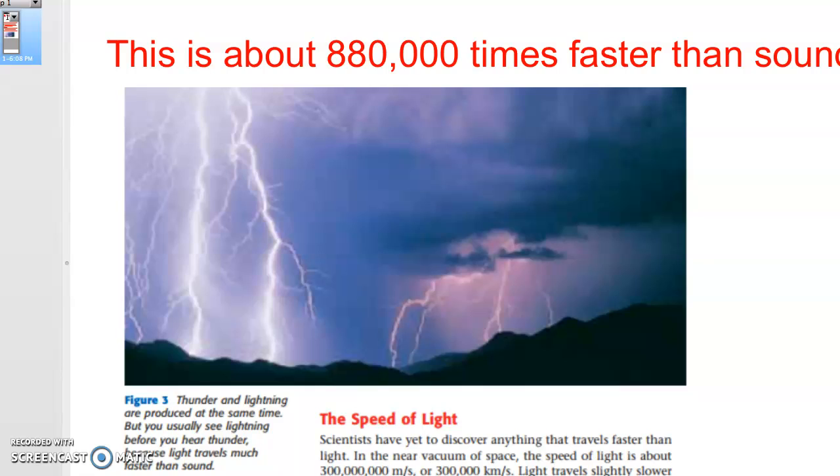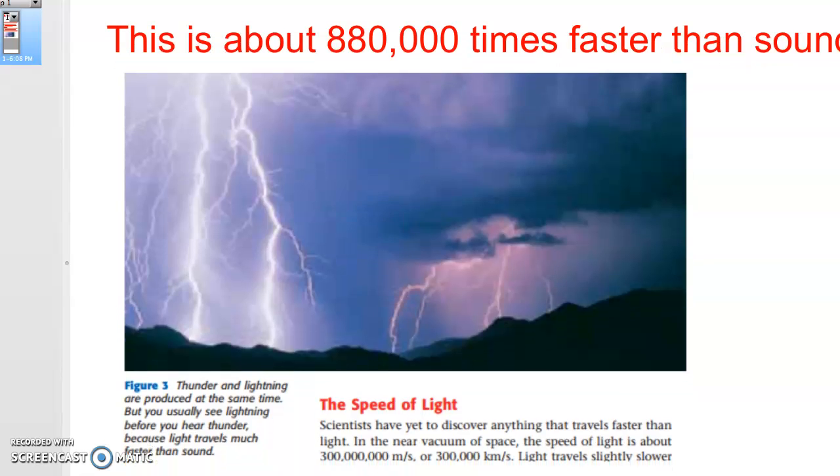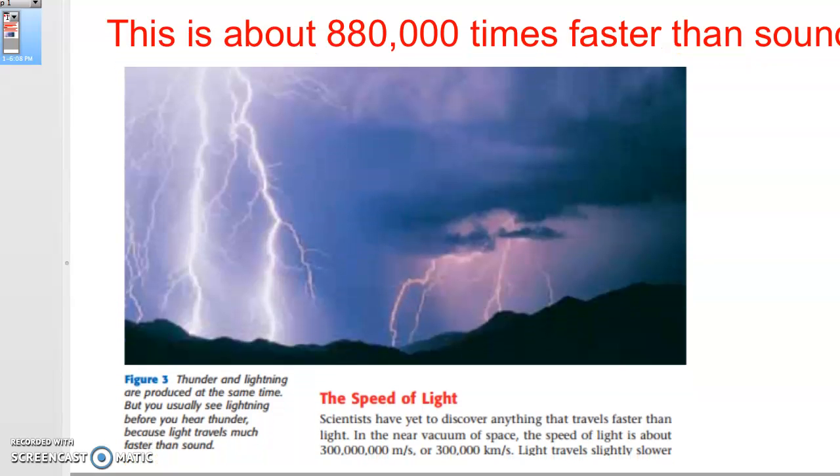It's a result of the lightning, but it's right after, though it seems so much more delayed. That's because of the speed of light. The lightning hits your eye and you see it, but the speed of sound is so much slower that it takes a few seconds to get to your ear.